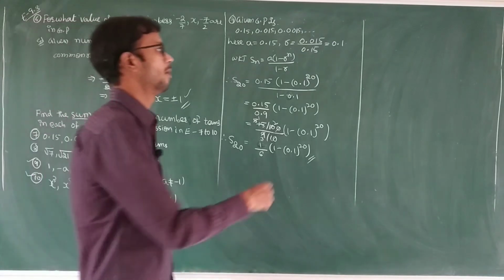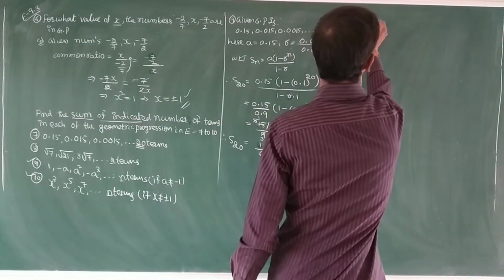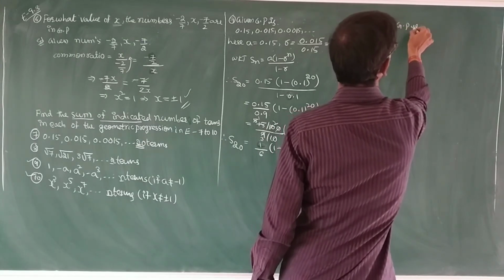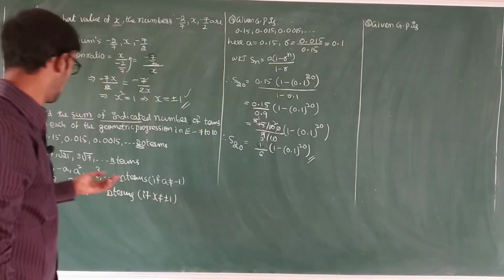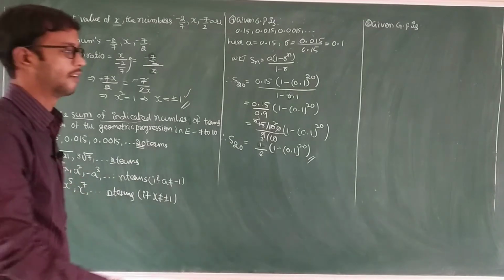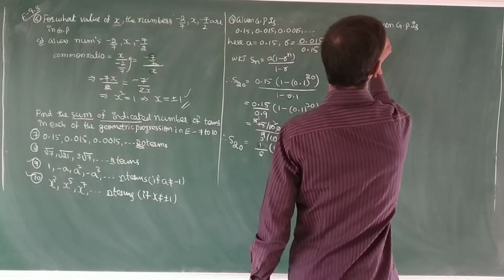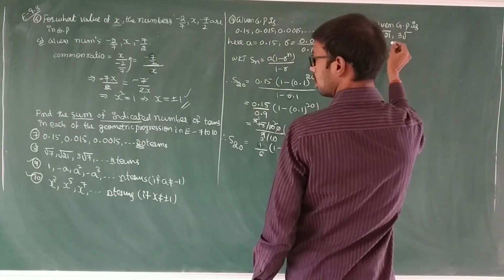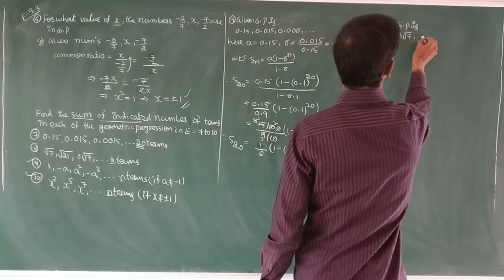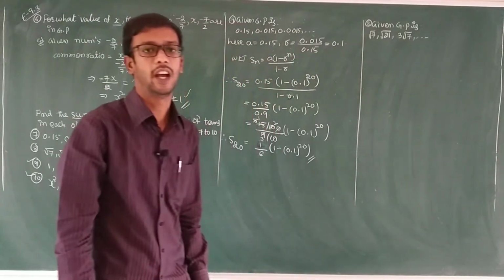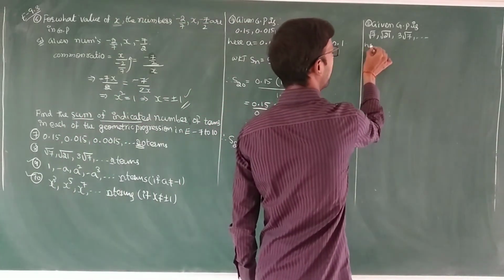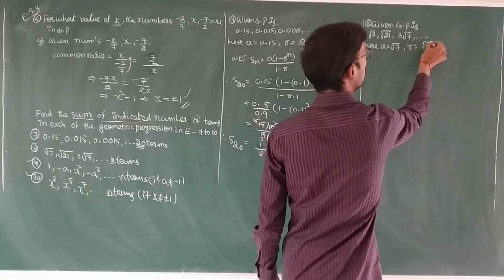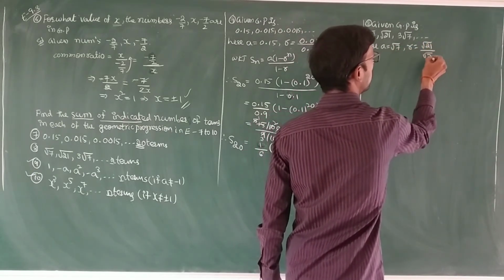Next, problem number 8. What is the given GP here? 1 root 7, root 21, 3 root 7. So here A value is root 7, and the common ratio is root 21 by root 7.